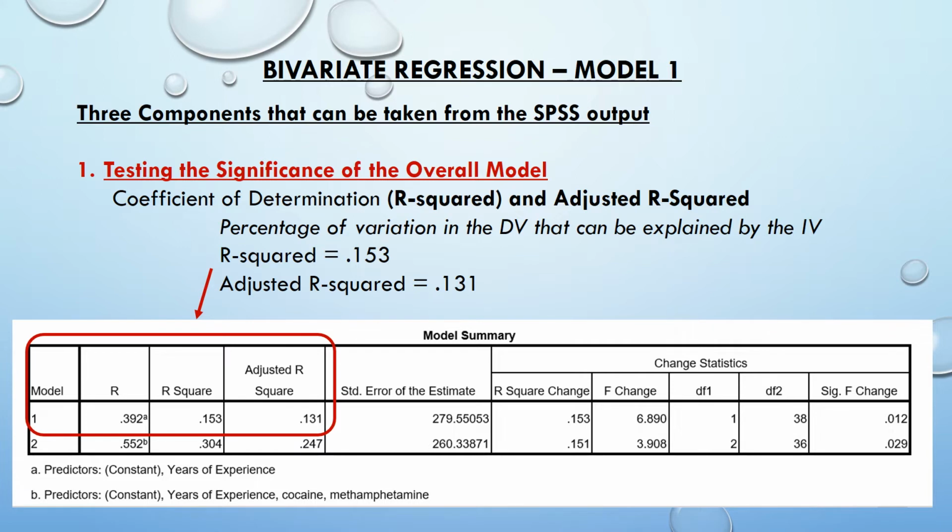But we can square R, to get 0.153, to get an answer about the percentage of variation in the dependent variable that can be explained by the independent variable. And we had another PowerPoint slide earlier this semester where I brought up the coefficient of determination when we talked about the Pearson correlation coefficient, so you can always look back to that if that will help you.